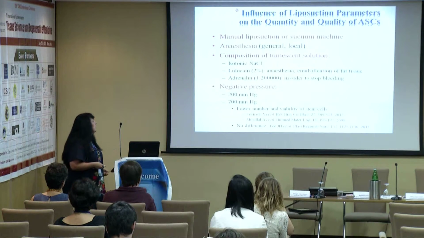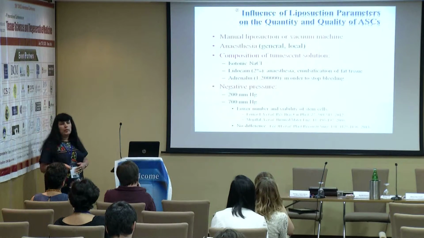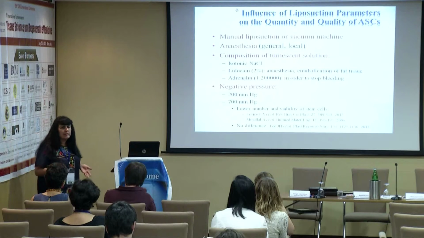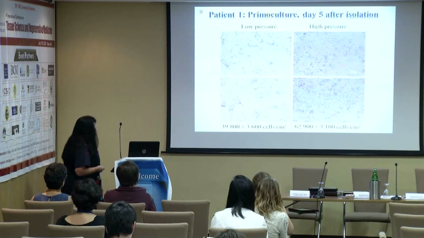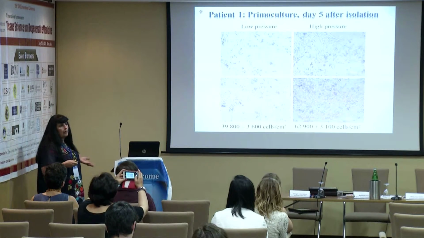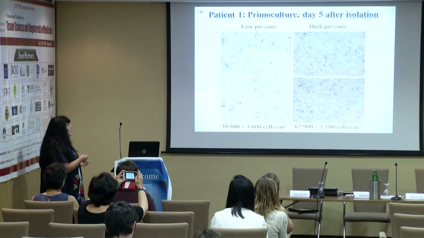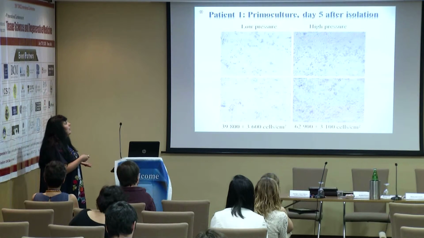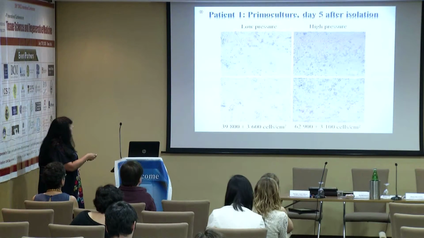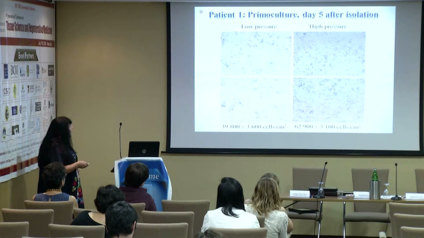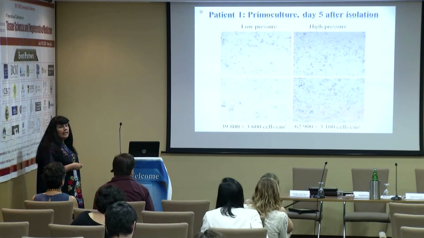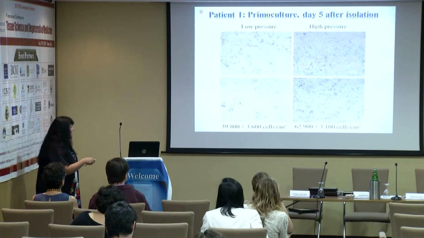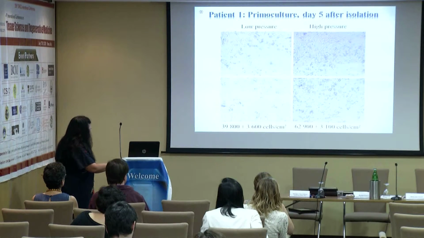Because it can be read in literature, some authors reported high pressure is worse for the quality of stem cells. But immediately after seeding, or in early cell culture intervals in primary culture, it is apparent that stem cells isolated under high pressure adhered and grew better. You can see the cell population density.